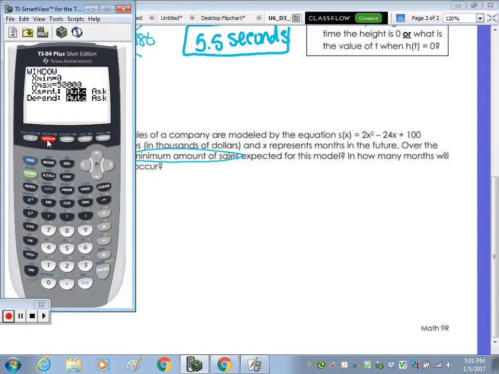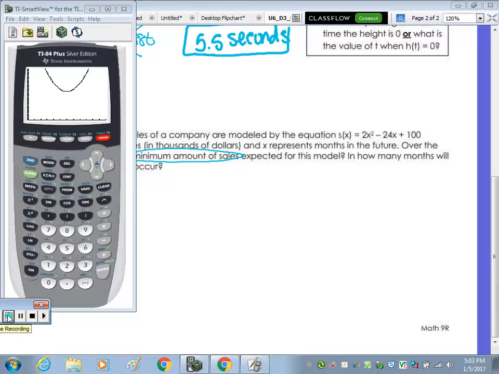Let's go back to window. The x, it represents number of months. So let's change that to 12 months in a year. And let's change the max to 50,000. Okay, a couple of things here that I made an error with.